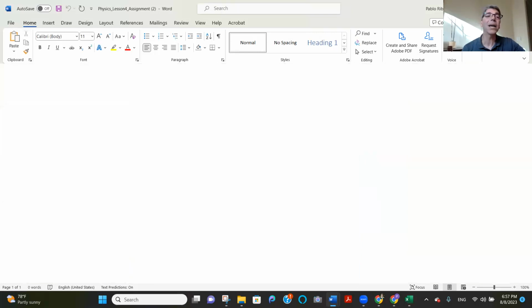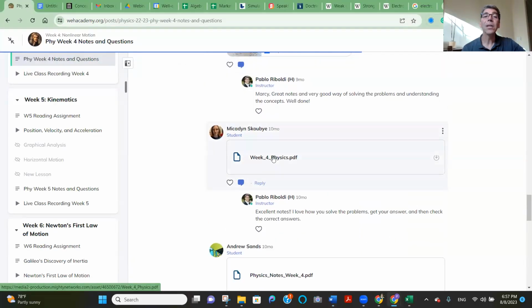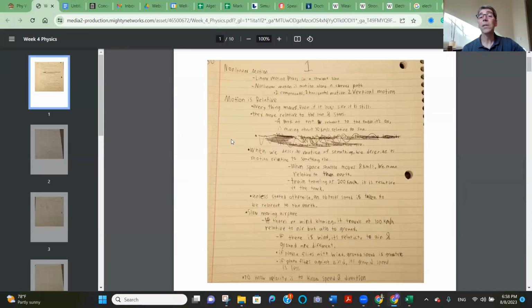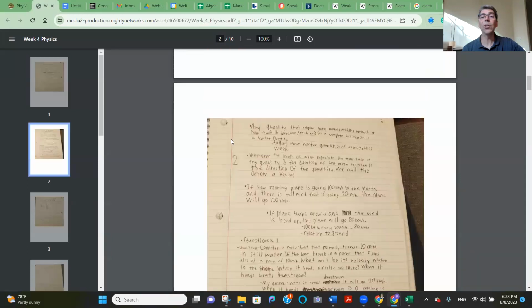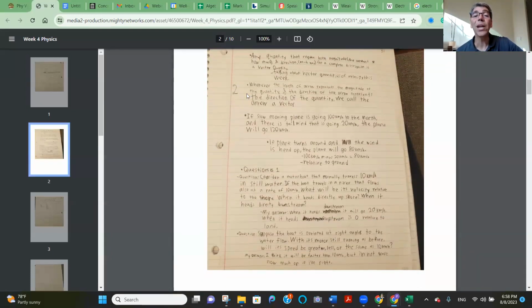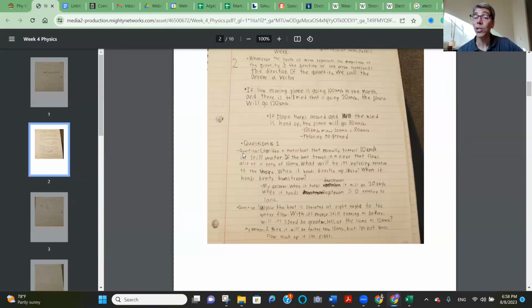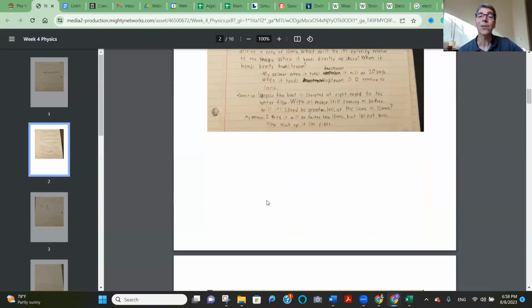Let me see if I have a couple of other examples. This is another student with the notes. Very good notes. I can read the notes here, and you can also ask questions or answer the questions from the textbook. So this is one of the questions in the textbook. You write the question and then you write your answer.